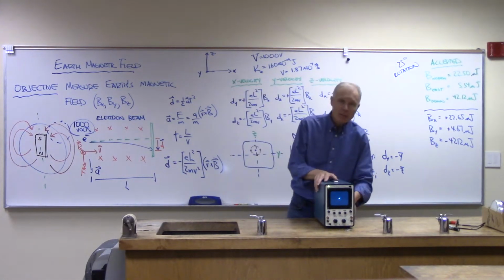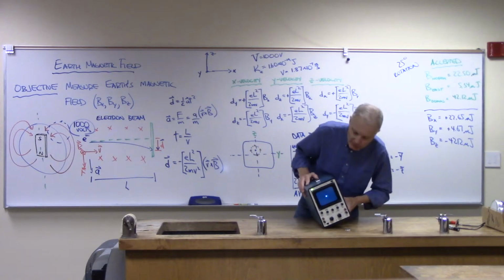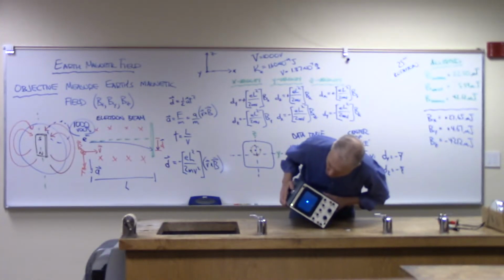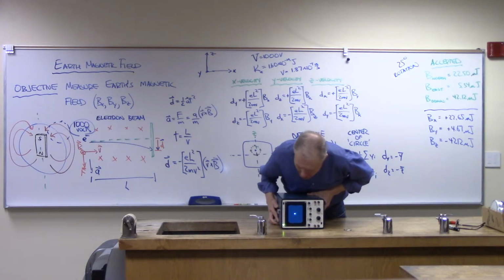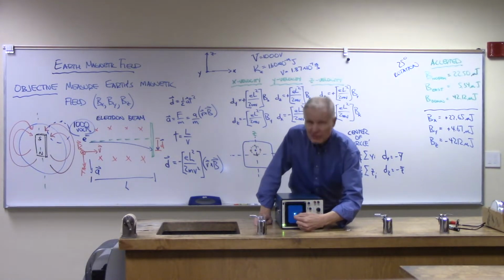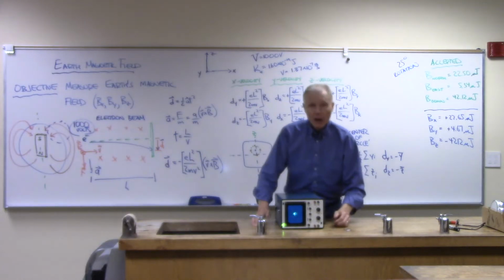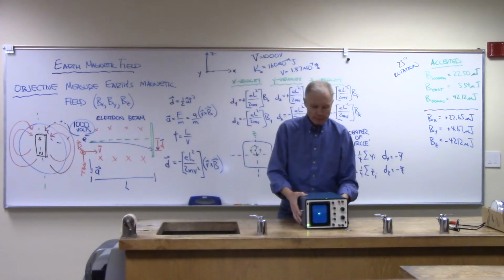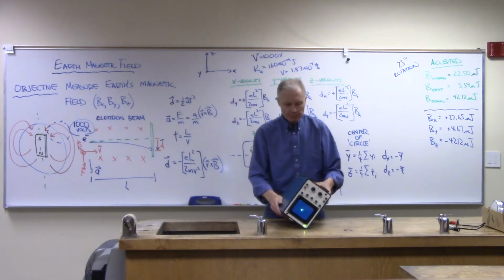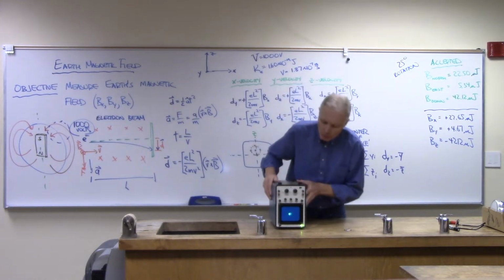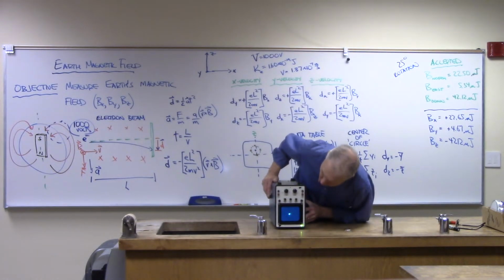So let's try that. So I'm rotating the oscilloscope. And by the time I get to here, you can see that the position has shifted. Okay? And then I'm going to keep rotating it. And the position has shifted again.